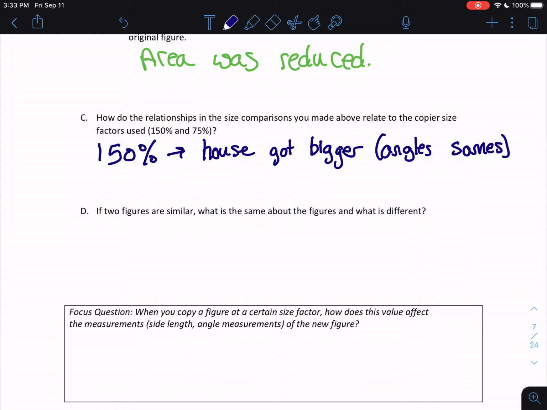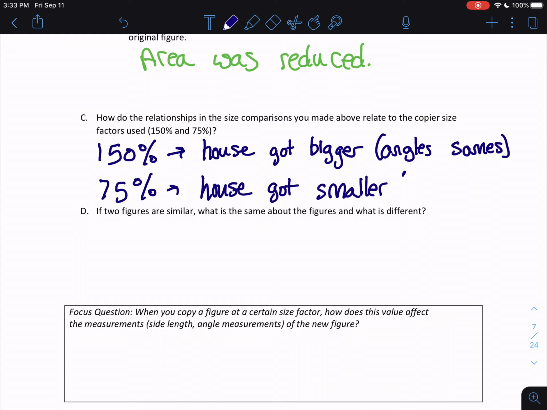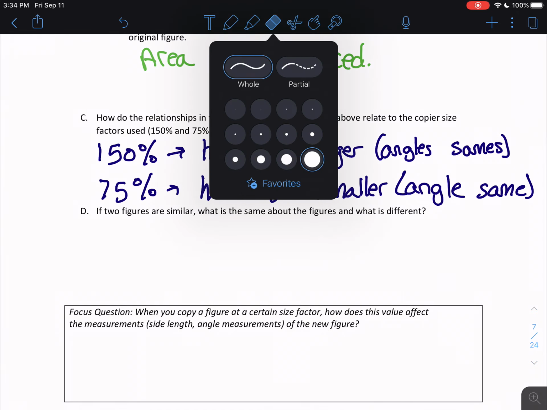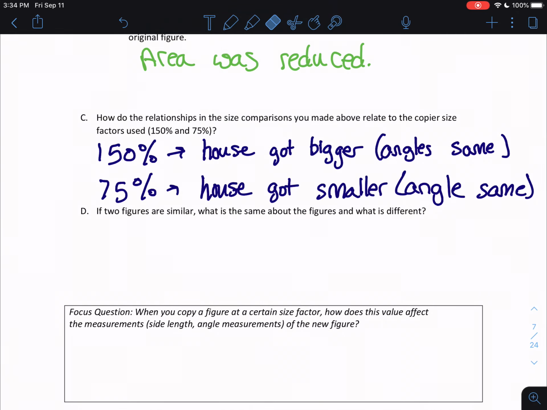And then with our 75% copy of our house, what happened? Yeah, the house got smaller. And again, angles remain the same.